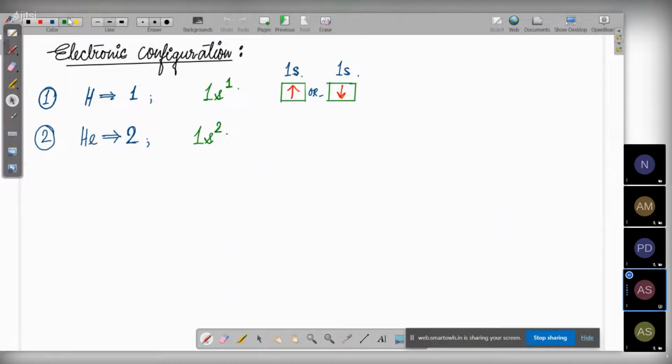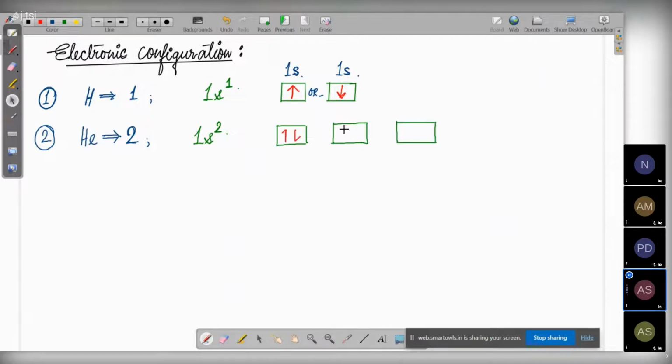So now if we draw the box diagram, what will it be? Now this can be shown as one upside and one downside.